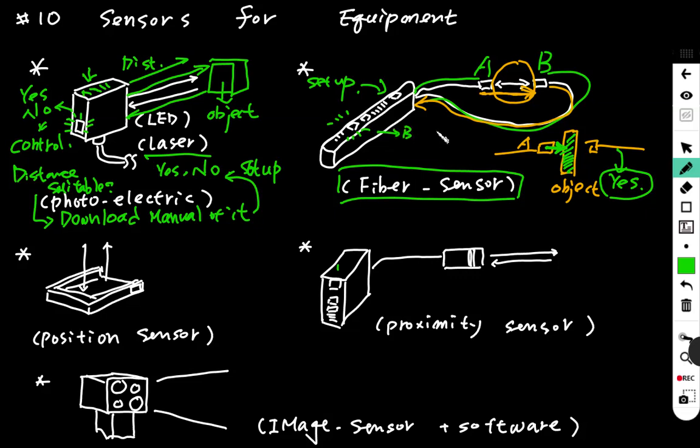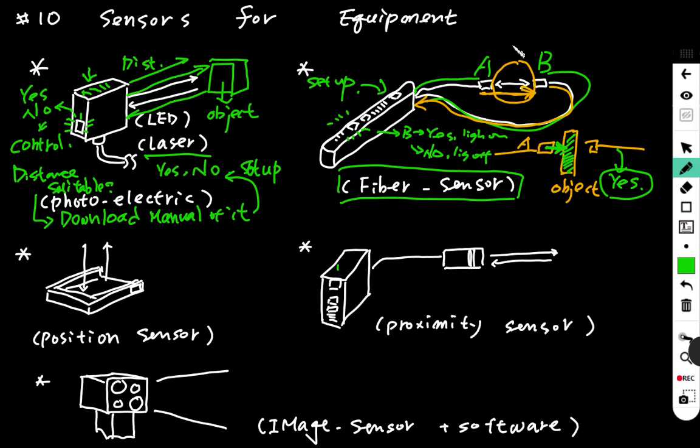If B receives the optical signal, it will tell yes and the light is on. If B receives no optical signal, it will tell the control center no, and the light is off.